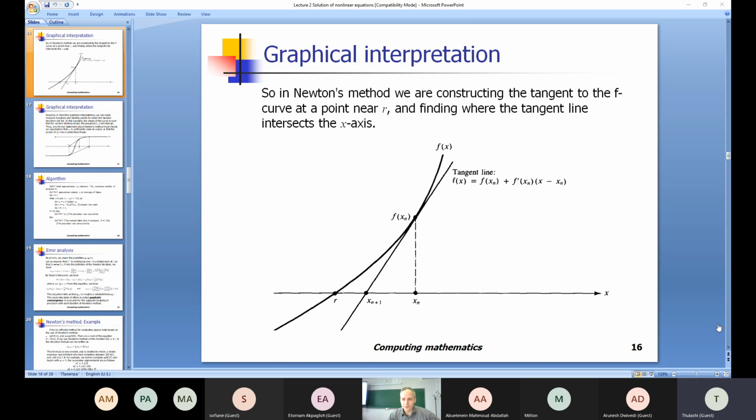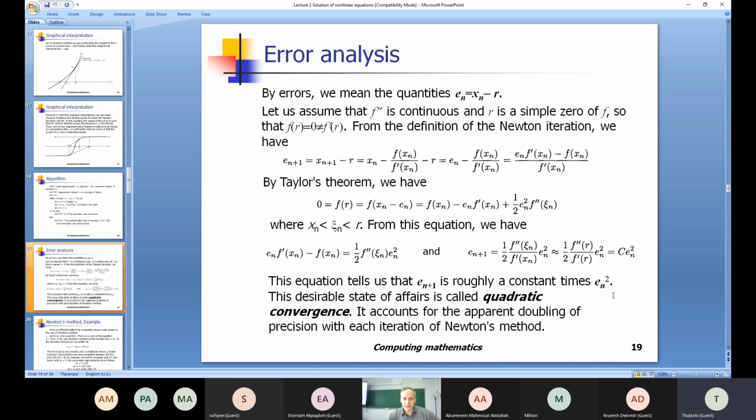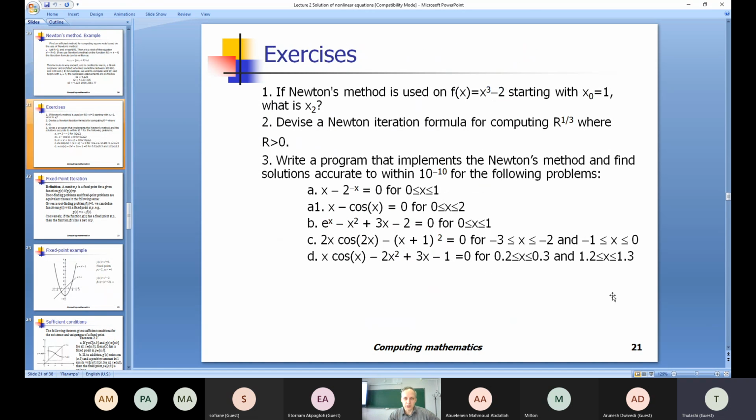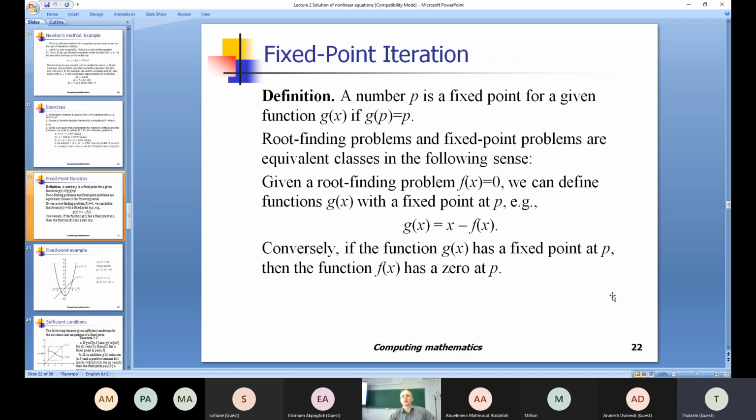And now let's consider one more method, the final method for finding the roots of the function, the roots of the nonlinear equation, so-called fixed point iteration method.